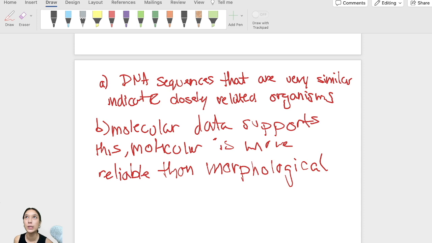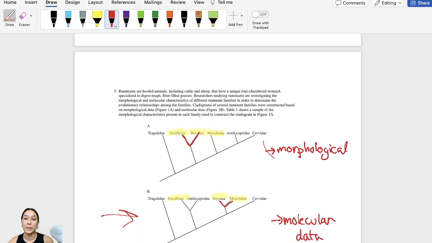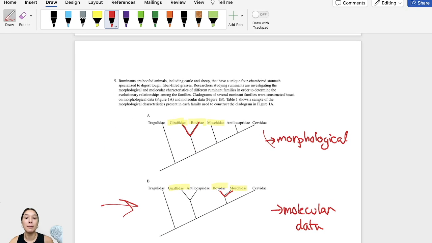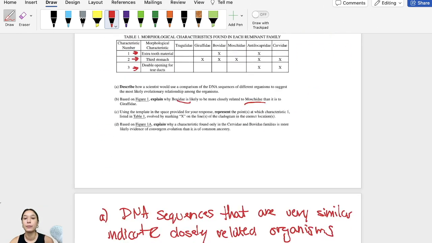You should always use molecular data. You cannot use morphological data because, again, convergent evolution, you can't just look at an animal and determine if it's related. The best way to do that is by comparing DNA sequences. Okay, so B is much better than A, and B is much more accurate and reliable than A is.